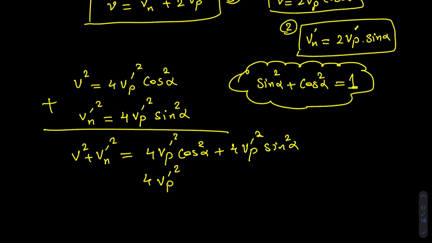So I missed this power of 2. We need to put on the power of 2. We can factorize, and then we will see here will be cosine alpha to the power of 2 and sine alpha, which is 1. Okay, so this is a new equation that we obtain here, vn prime to the power of 2.